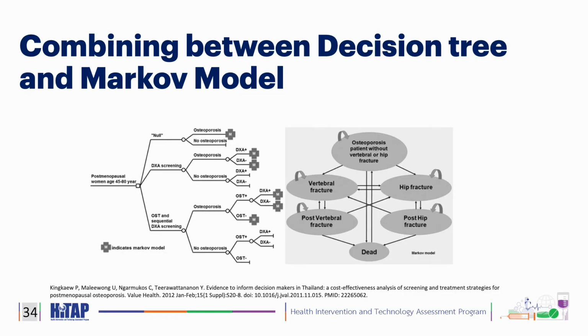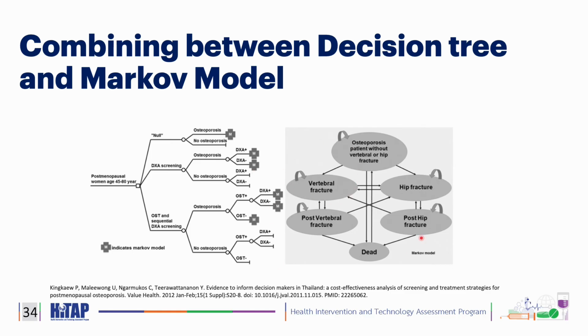Okay, so from what I've mentioned, in some cases, if the scenario is a bit complex, we may want to combine two methods, which in this case are the decision tree model and the Markov model. In this study, instead of putting just a number, just like the example I gave here, they put the Markov model at the end of the decision tree instead.